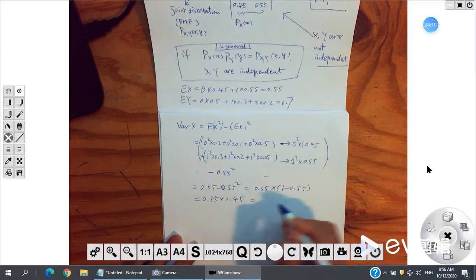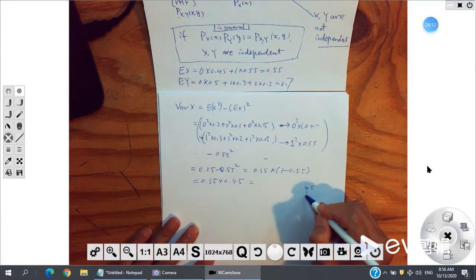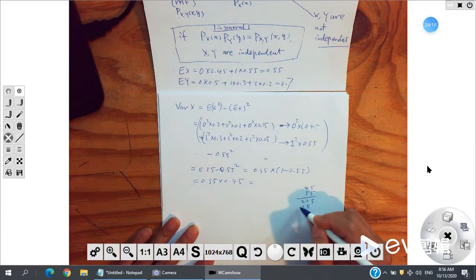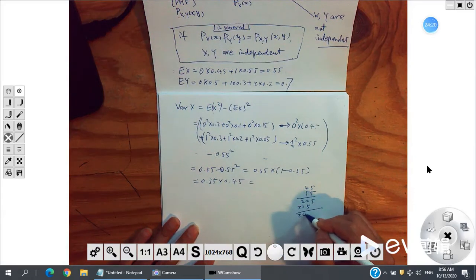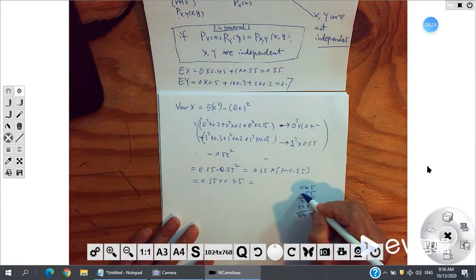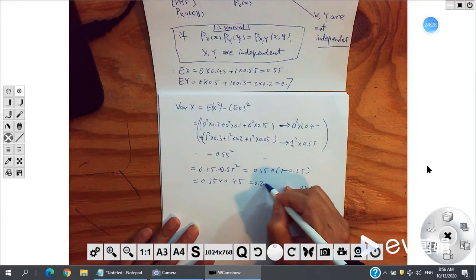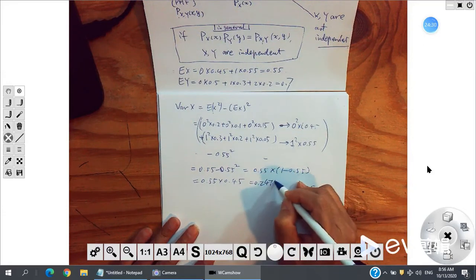What is it? 45 times 55, 25, 20, right? 55 times 25, 4 is 20. So 2475, and the 2 decimal points, so totally 4 decimal places. So 0.2475.